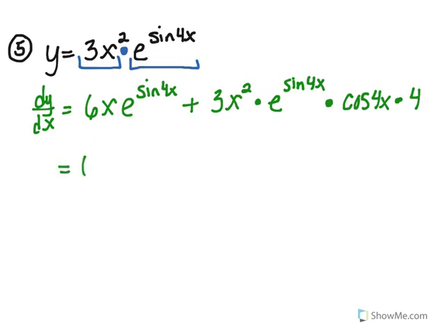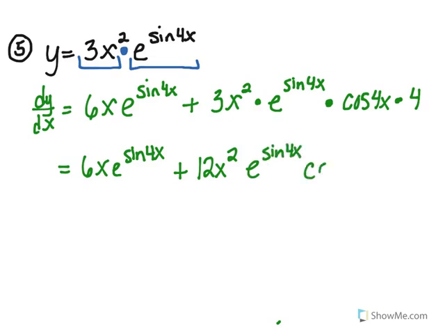So our derivative is 6x e to the sine 4x plus. I have 3x squared, and then I have a 4 at the end that are being multiplied together, so I have 12x squared. I'm going to write the e to the sine 4x next, and then the cosine 4x after it.